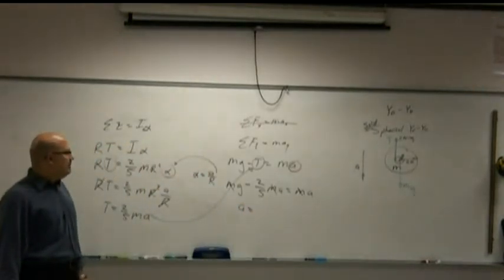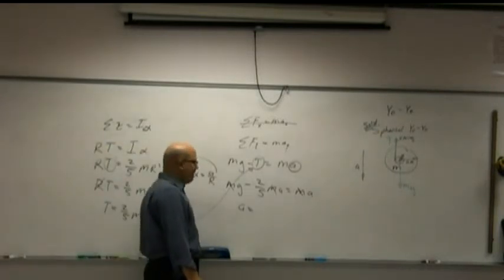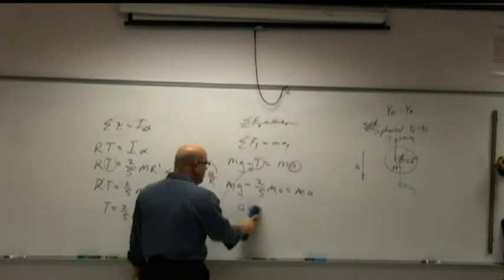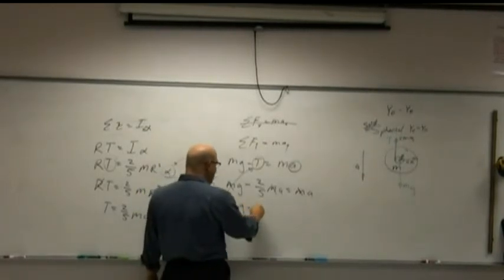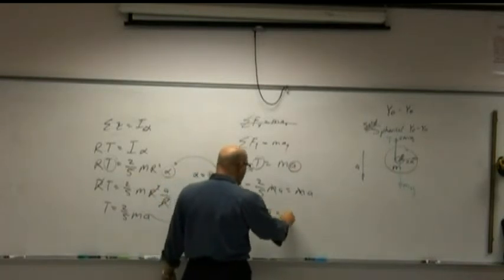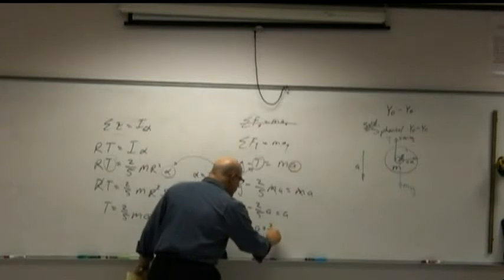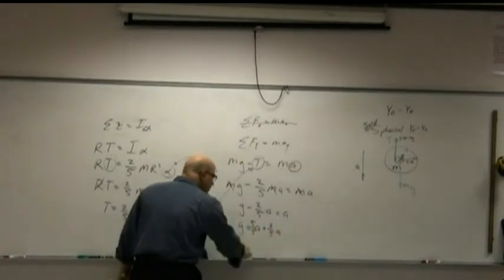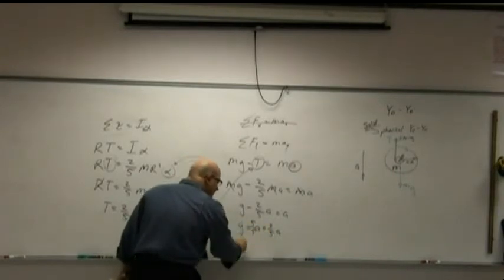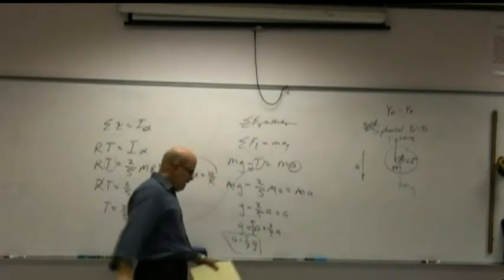How do you get 5/7 out of a 2/5? This is g minus 2/5 a equals a, or g equals a plus 2/5 a, which is 5/5 a plus 2/5 a, so you get 7/5 a. When you move to the other side, you get a equals 5/7 g. There you go.